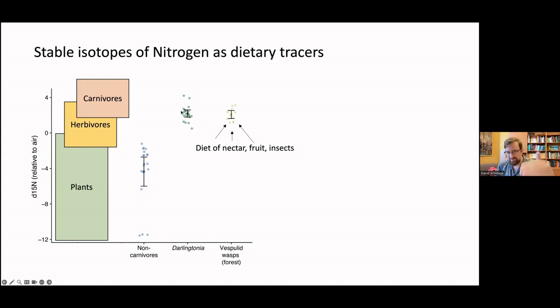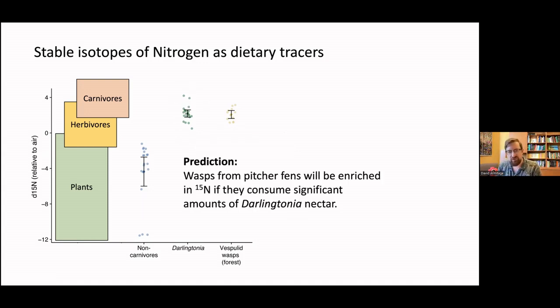If they were feeding on approximately the exact same 15N concentrations as non-pitcher fen wasps, we should hope to find a slight enrichment of 15N in the wasps from these pitcher fens as potential evidence that they are feeding on these plants and on the nectar that they produce. And there's the prediction that they'll be enriched in 15N.